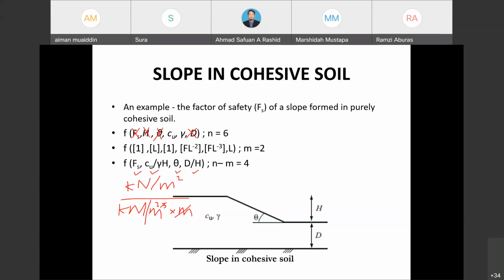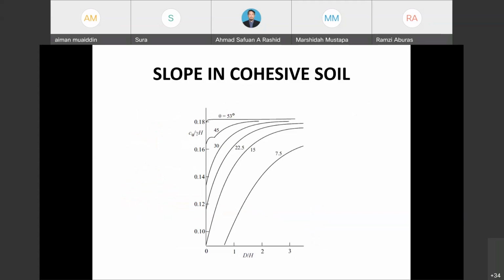So what is the benefit of this approach? Later on, we can see this preliminary chart proposed by Taylor. You can look in the textbook. This relation has been proposed by Taylor, so they call it the Taylor design chart.